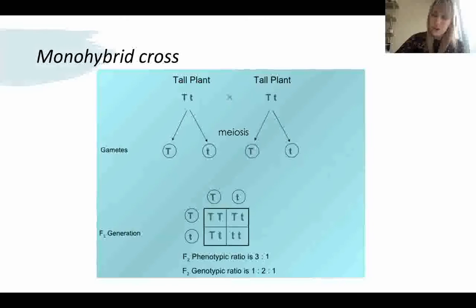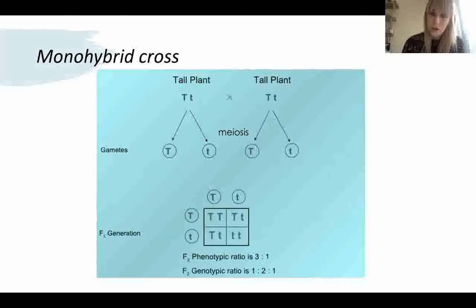So let's look at the genotypic ratio first. 1 capital T, capital T, 2 capital T, small t, heterozygous, and 1 homozygous recessive. So the genotypic ratio is 1 to 2 to 1. But what is the phenotypic ratio?